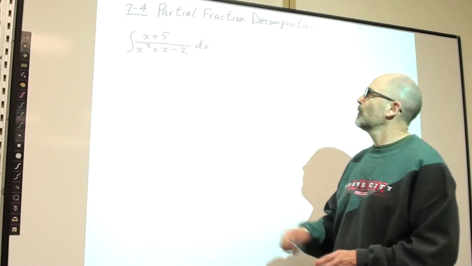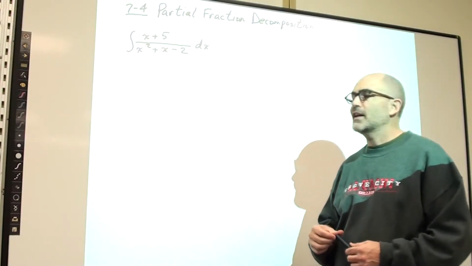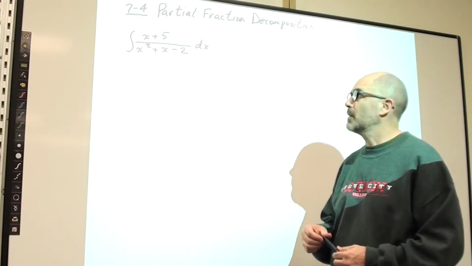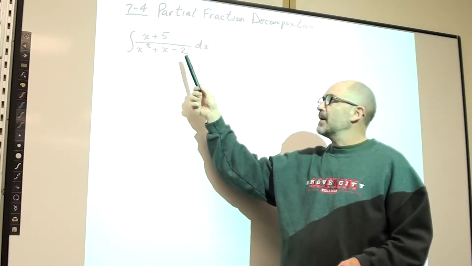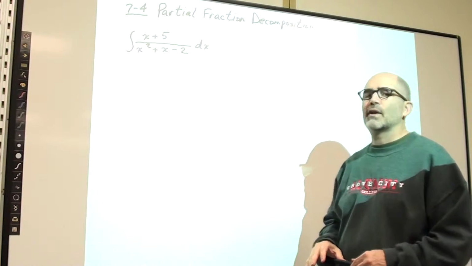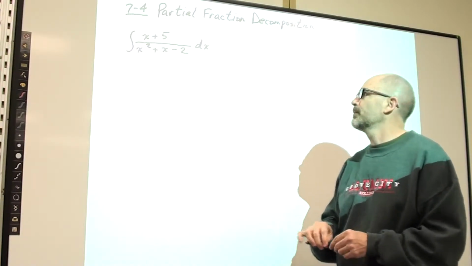Okay, well, we need to use the technique that you learned in math analysis, partial fraction decomposition. So the name of the game here is we have to break up this big, long polynomial into bite-sized chunks. So here's what we're going to do.